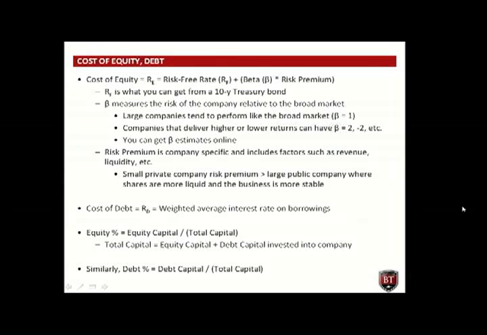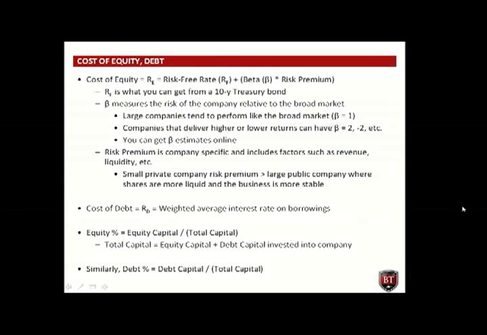Now, beta measures the risk of your company relative to the broad market. A lot of large companies tend to perform about the same as the broad market. So if the market goes up, their shares will rise proportionately. If the market goes down 10%, their shares will go down, maybe 9%, maybe 8%, maybe 11%, but more or less in sync with the market's performance.